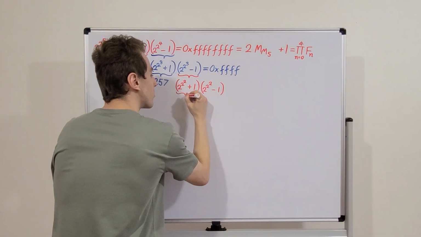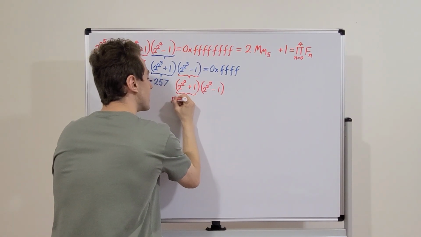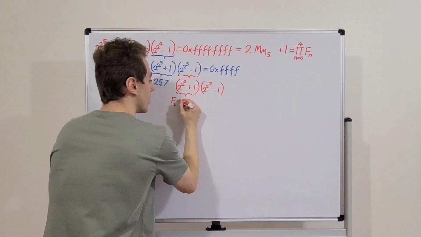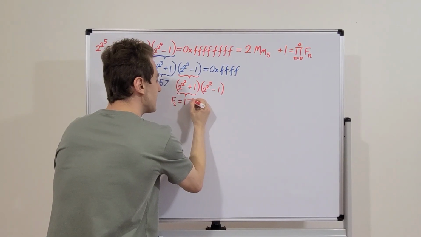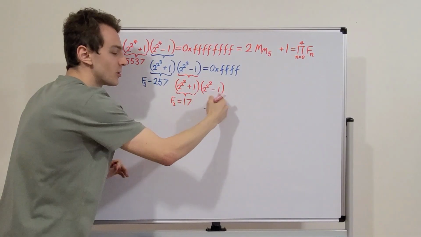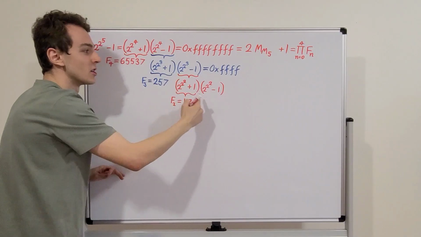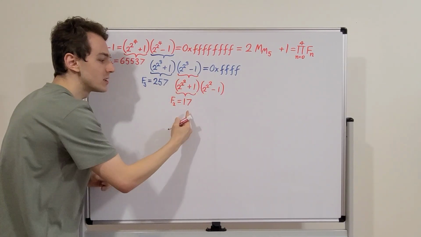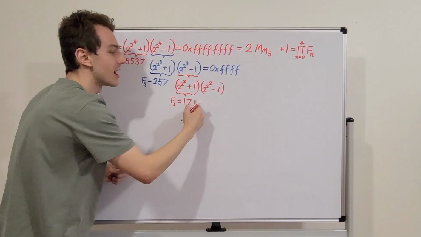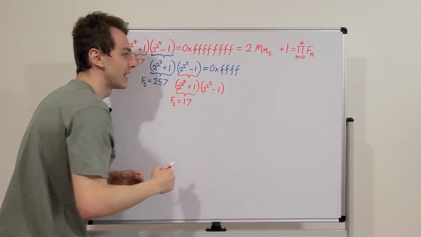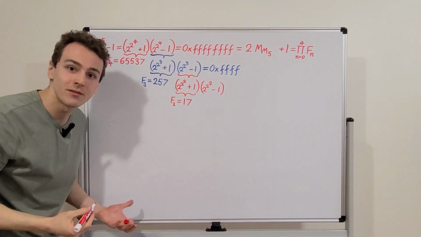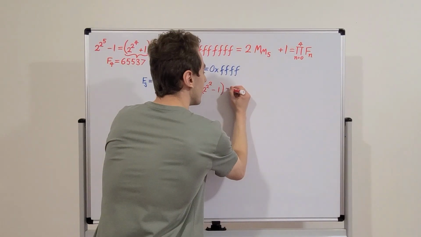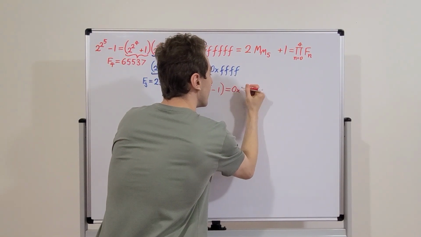And this Fermat prime is F sub 2, which is 17. And that means this one over here is 15. So this is 255, which is equivalent to 17 times 15. Now, what is 255 in hexadecimal? We can write that as F.